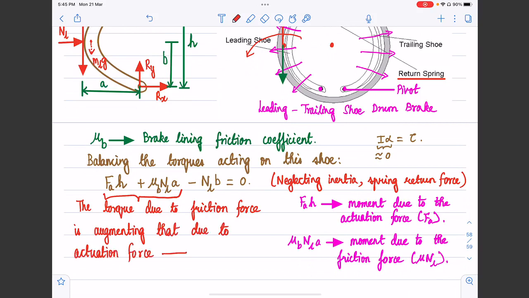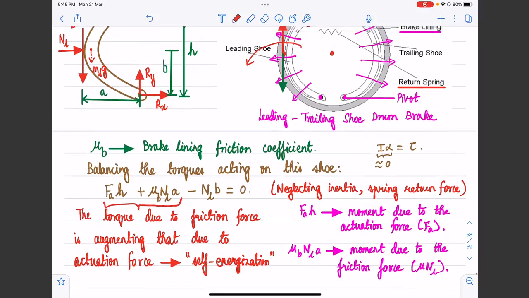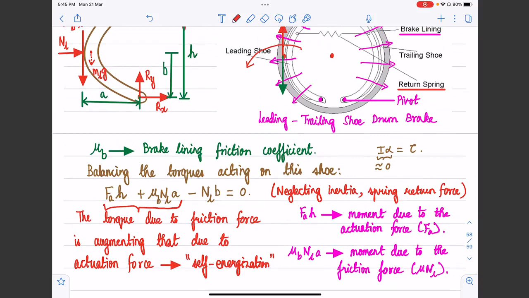This phenomenon is what is called self-energization. It's a unique jargon used in the context of drum brakes.